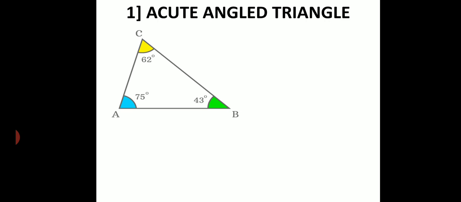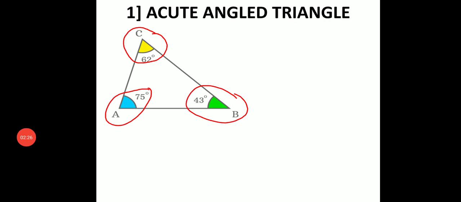And the measure of angle C is 62 degree, which is again less than 90 degree. So, when all the three angles of a triangle measure less than 90 degree, we name that triangle as an acute angled triangle.